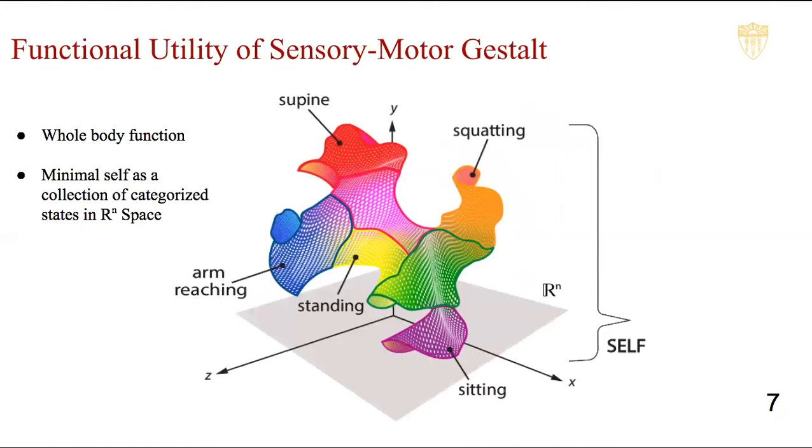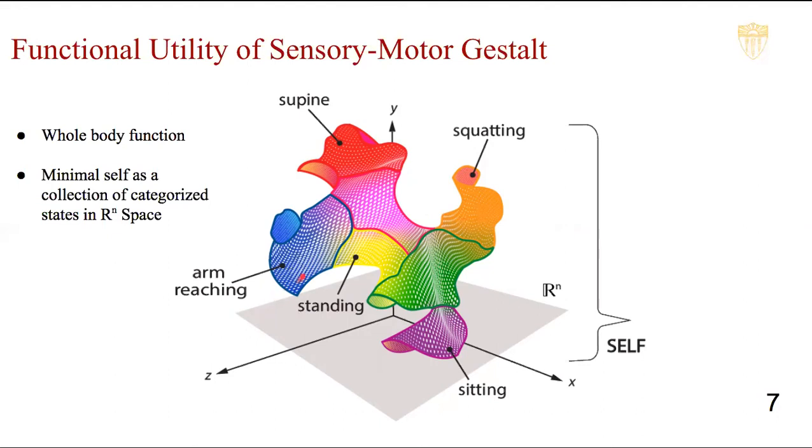Functional utility of sensory-motor gestalt. The figure before you represents our working hypothesis of the sensory-motor gestalt in operation for whole body function. Let each of the X, Y, and Z axes be a sensory modality that is associated with a particular state of the body. Our data-driven projection method categorizes the set of feasible sensory inputs for each specific task performed as a manifold.